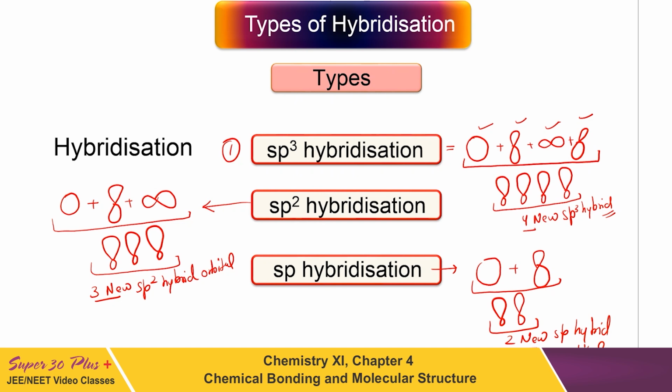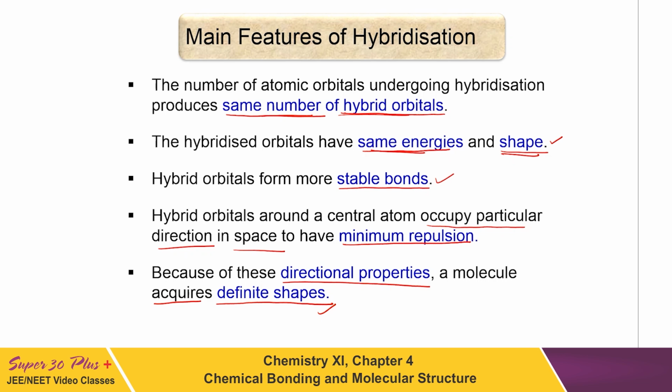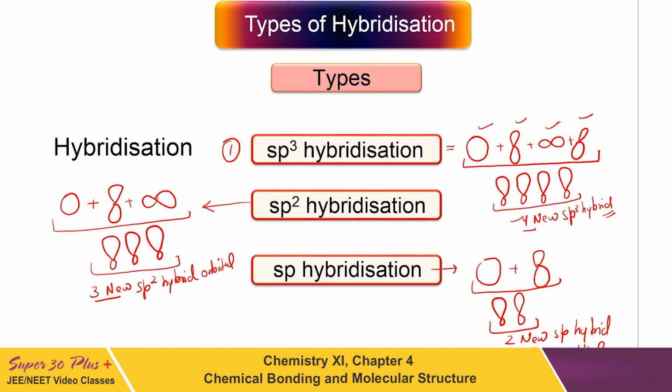Please don't mind if it looks like one of them is slightly larger than the other, but believe me, all these 4 new hybrid orbitals are exactly the same in shape, size and energy, and the same goes with sp2 and also sp hybridization. Moreover, we said hybrid orbitals around the central atom occupy a particular direction in space to minimize the repulsion, and because of this they attain a certain shape and geometry. This we will discuss now in the coming slides.